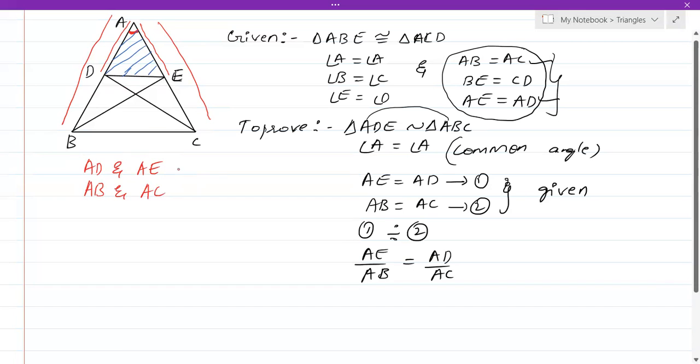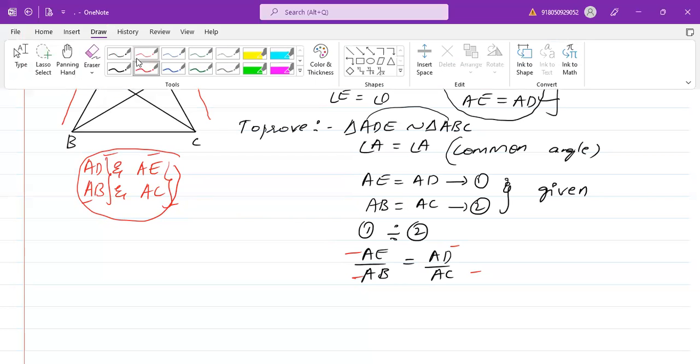So these sides should be in proportion. If you observe here, that is what we have got. We need AD, AE. We have got it in the numerator. And we need AB and AC. We have got it in the denominator. So these four sides have to be in proportion, that is, the ratios must be equal. So it is equal. Therefore, it is following the SAS criteria.